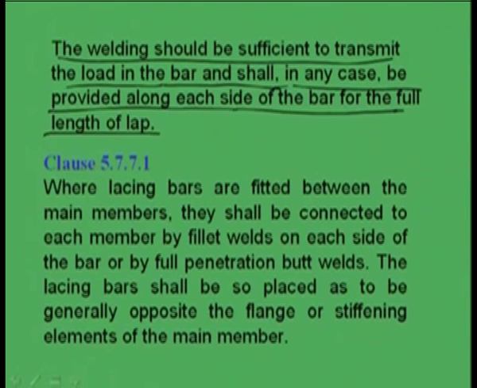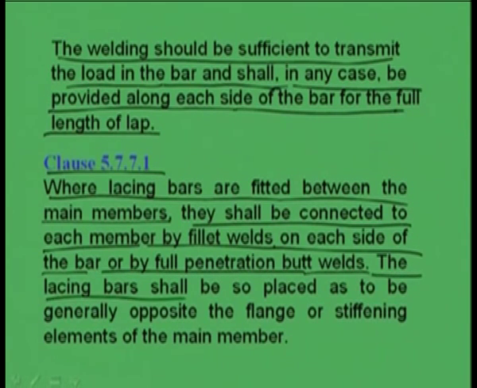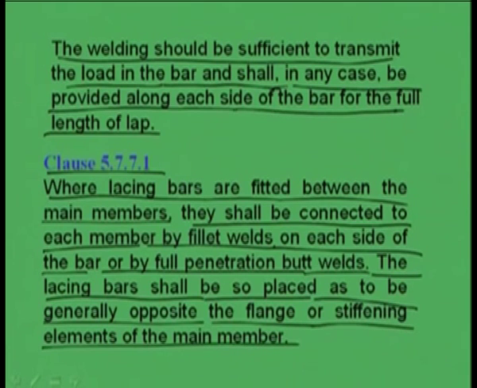And in clause 5.7.7.1 it is told that where lacing bars are fitted between the main members, they shall be connected to each member by fillet welds on each side of the bar or by full penetration butt welds. The lacing bars shall be so placed as to be generally opposite the flange or stiffening elements of the main member.